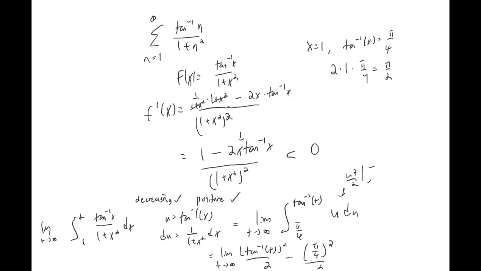And this is a finite number. This part's a finite number. So we only really care about the first one. Where does arctan go when t goes to infinity?